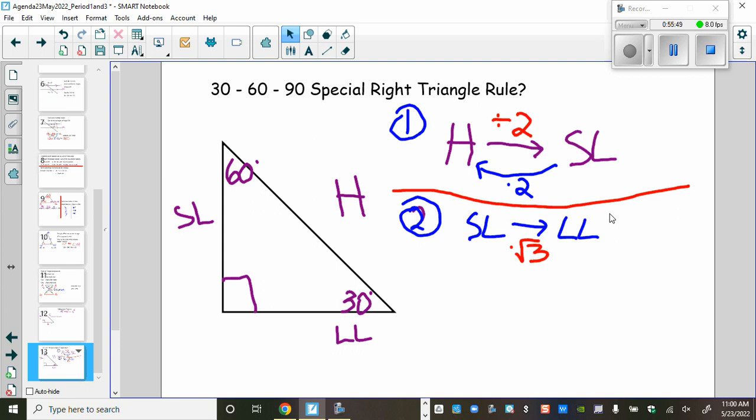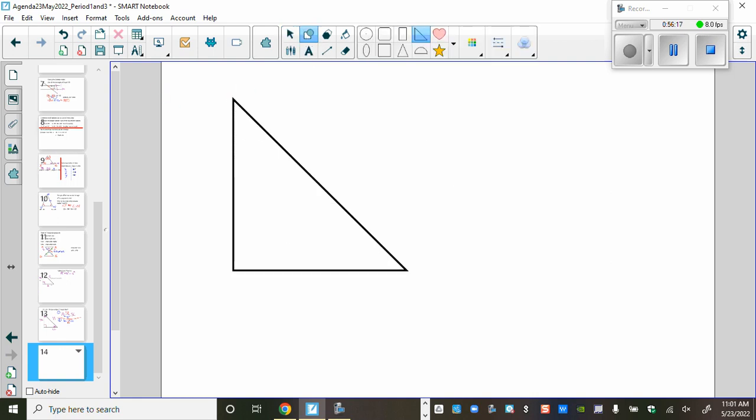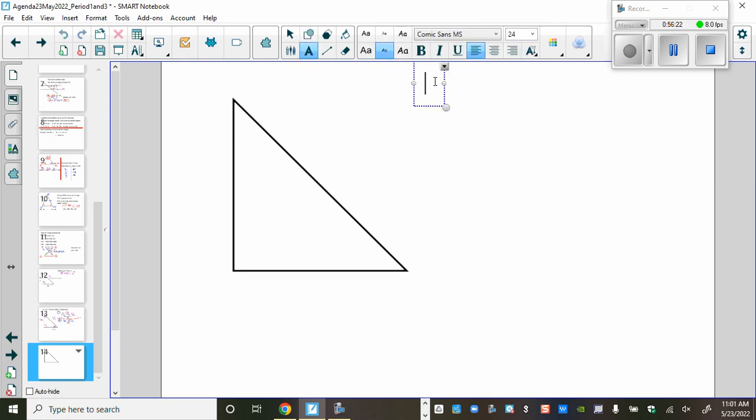Then the other thing I really want to talk about. This is the special rule. Couple other things I want to mention, and this is special for the seniors. Going back to the right triangle. Remember your SOHCAHTOA rules.